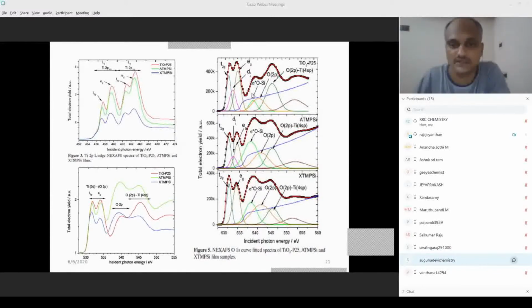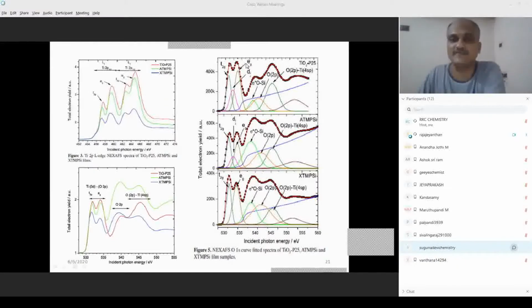If you closely watch the NEXAFS spectra, you can see the t2g and eg peaks of untreated titanium dioxide having some intensity. When the titanium dioxide is treated with silane in water, you can see a very strong peak of sigma star O-Si bond, which is greater than the titanium dioxide.